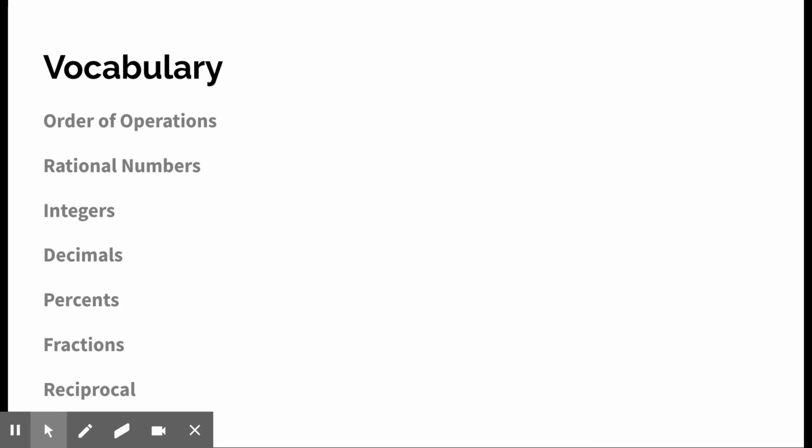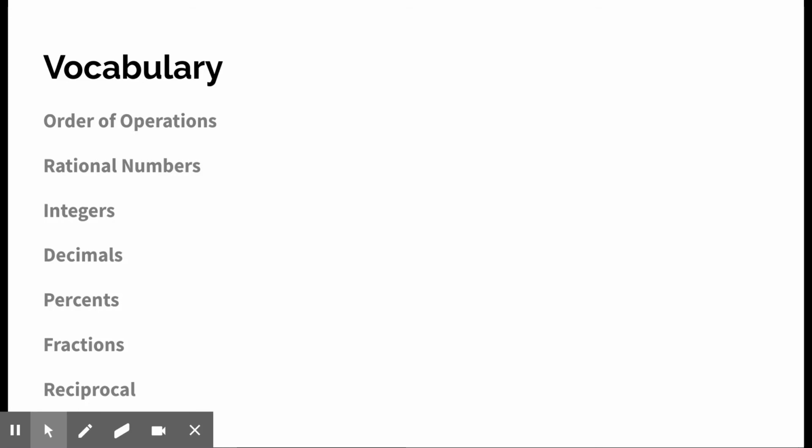So some of the key things that you're going to need to remember is what order of operations are. It does not change. PEMDAS: parentheses, exponents, multiply and divide, add and subtract. You need to remember what rational numbers are. Rational numbers are all those other numbers that are decimals and fractions and percents. Actually, everything that is a number on the number line is a rational number.